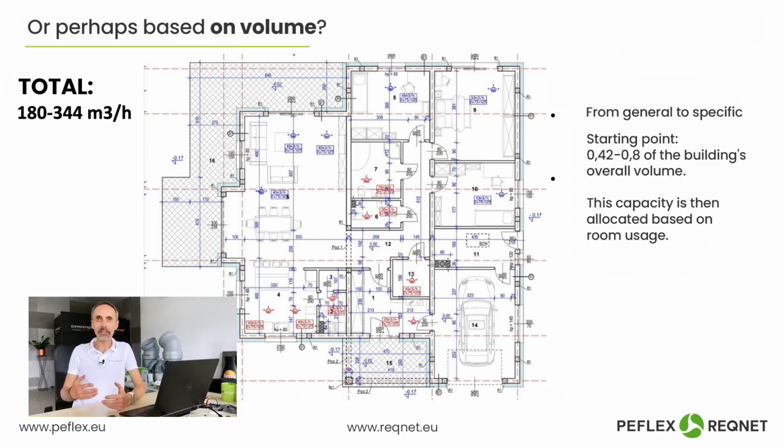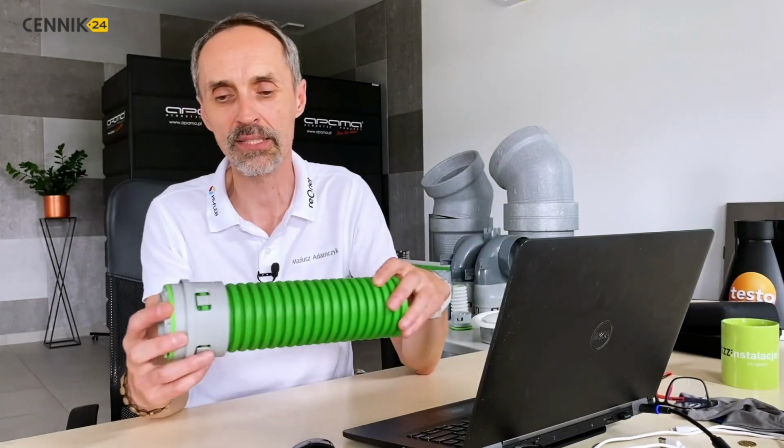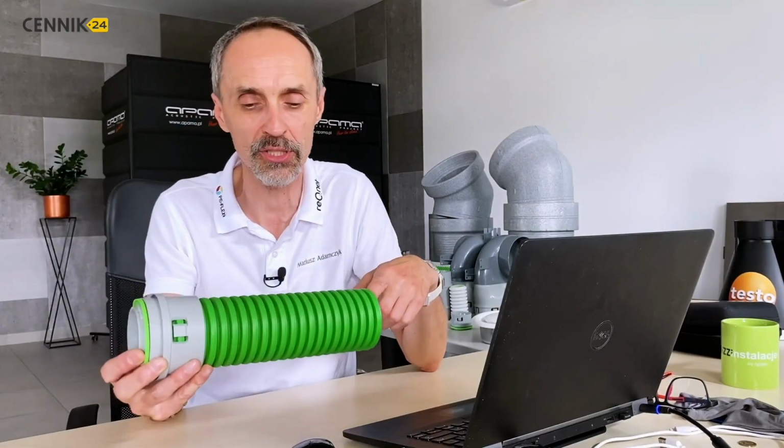It's also important to remember that the main task of the ventilation system is to exchange and maintain proper air quality, but in a way that doesn't disturb the people living in the house. Here I'm talking specifically about noise, because if we design the system so that the air speed is too high, that is, above 3 meters per second in those semi-flexible ducts, meaning between the manifold and the plenum box, then the system will be noisy.